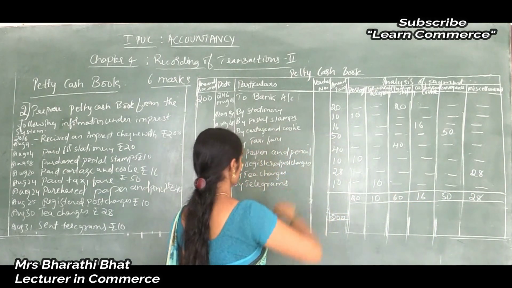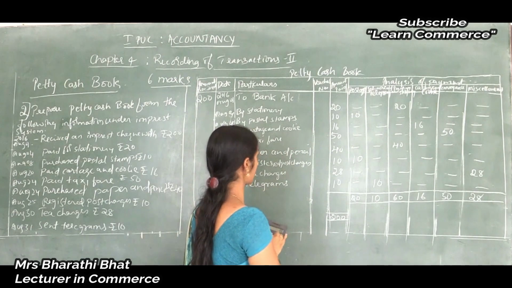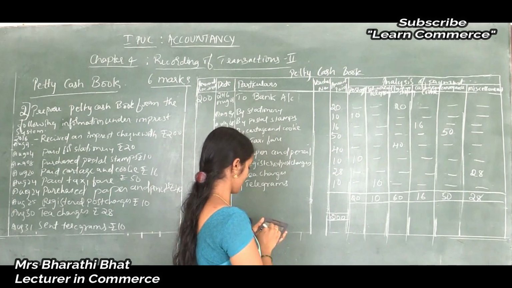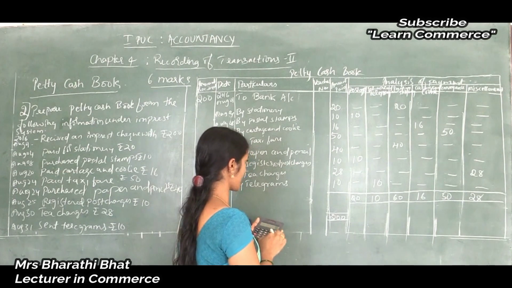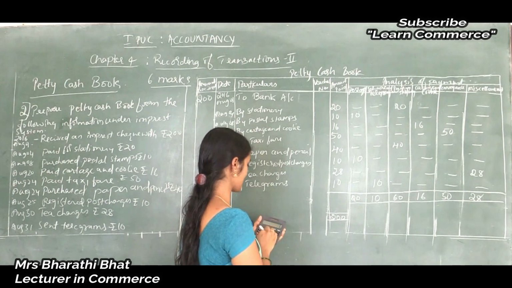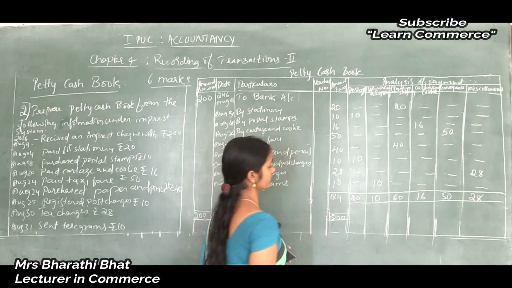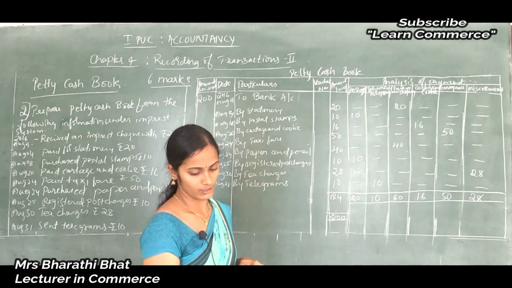So just count here: 20 plus 10 plus 16 plus 50 plus 40 plus 10, 28 plus 10, 184. Okay.